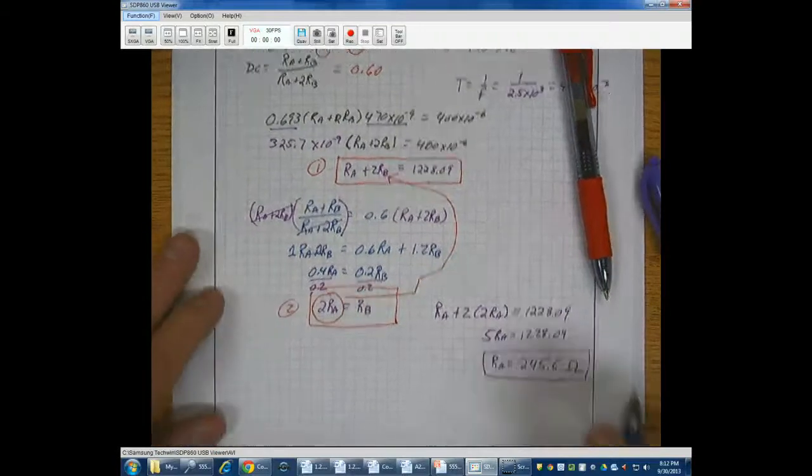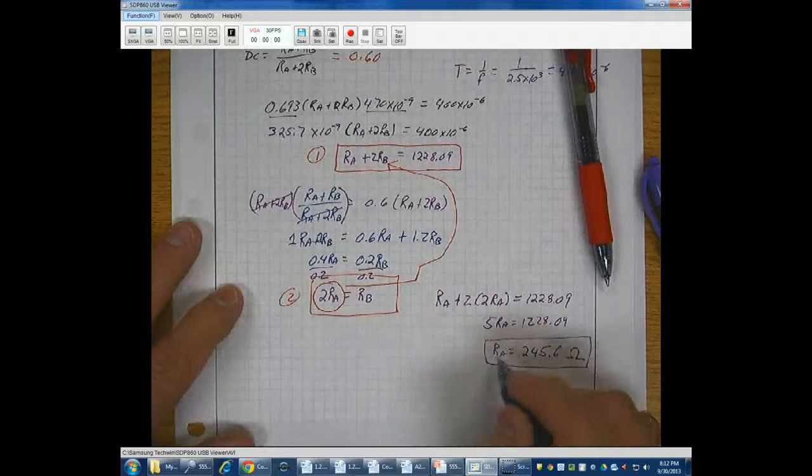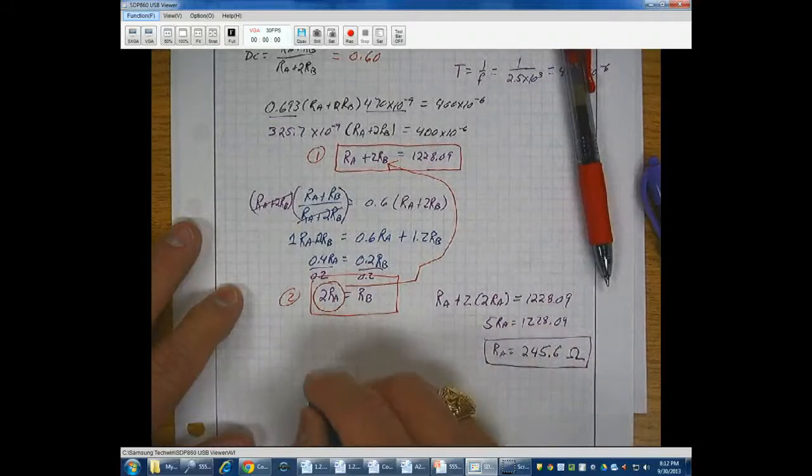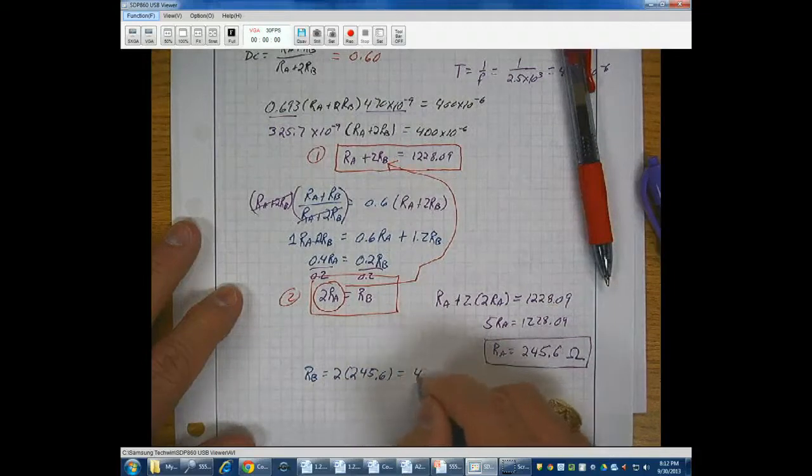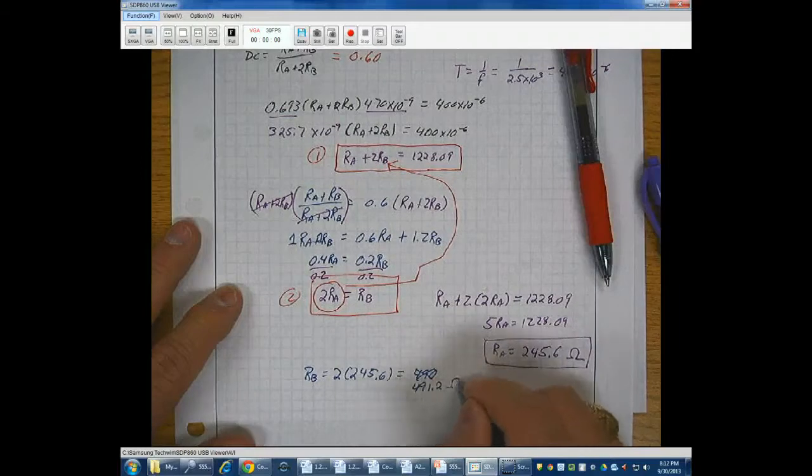And if I now want to know what RB is, I'm going to take that value and plug it back into my second equation, and I'll find that RB is 2 times 245.6, which is 491.2 ohms.